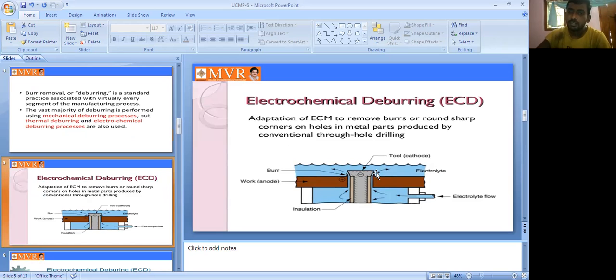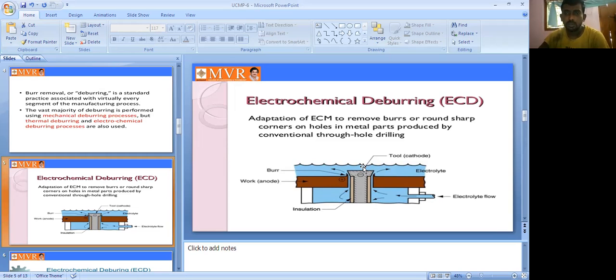Clearly it is mentioned as burr. This is a tool, which always acts as the cathode, and the workpiece always acts as the anode. This is the insulation. This is the electrolytic flow, where we can use a fluid, water, oils, whatever it may be. The electrolyte passes between the workpiece and the tool. Between the workpiece and tool we have a gap, and in this gap the electrolytic flow passes through.